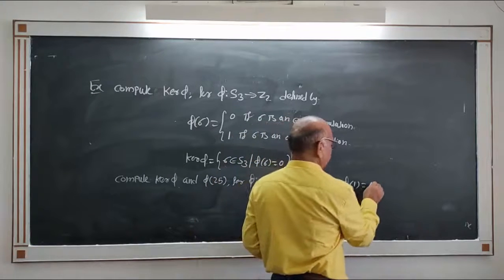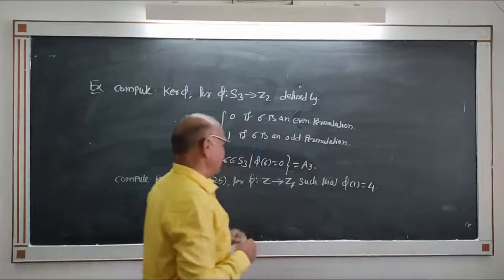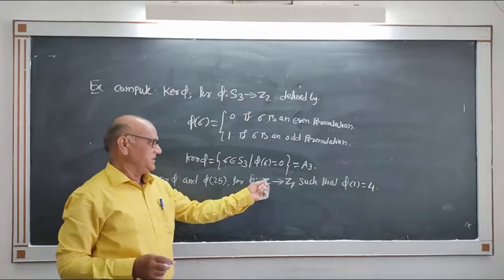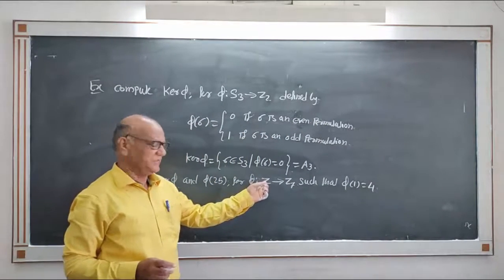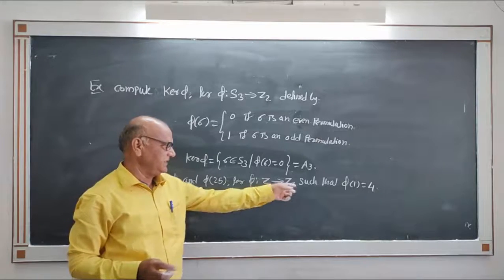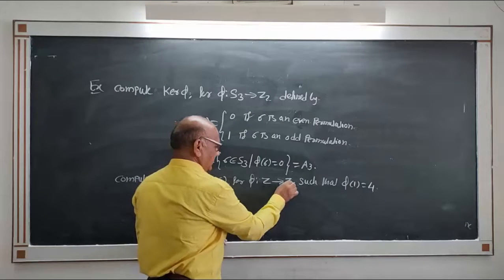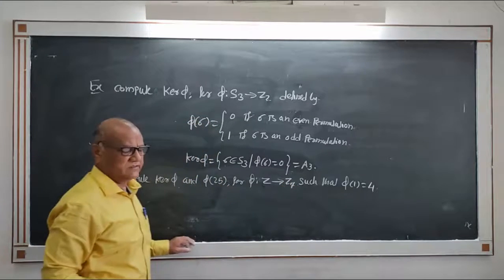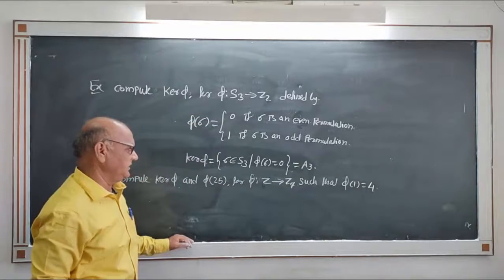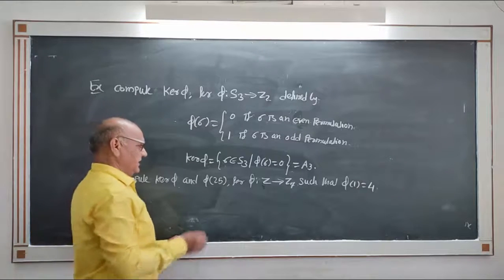Here the group is the set of integers with addition, and here the set of integers modulo 7 with addition modulo 7.